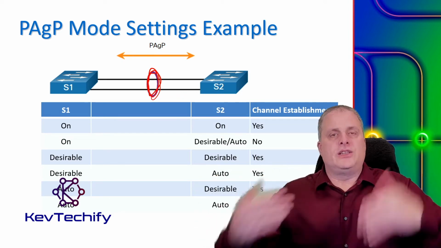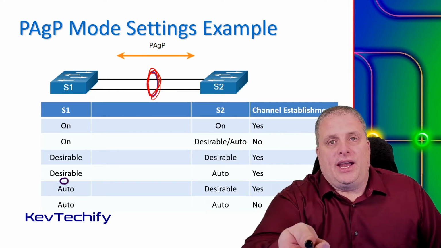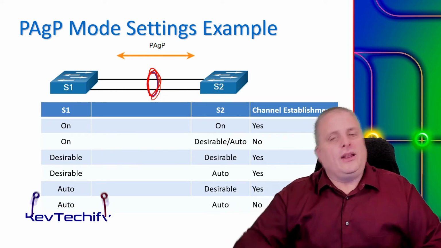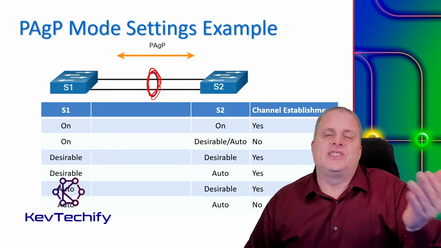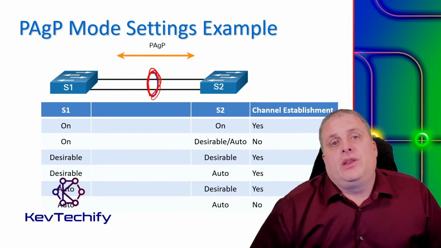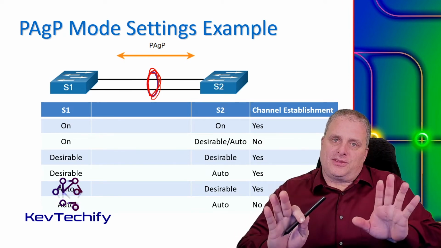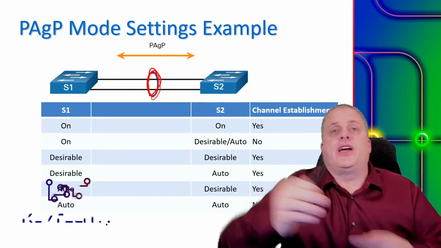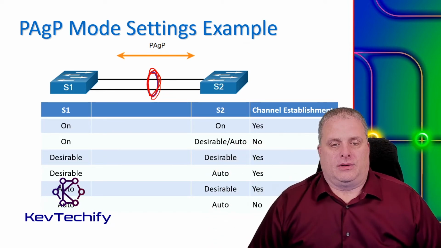If they're both set to desirable, each is saying, hey, I want to make a connection with you, and if both sides are like that, it's going to establish that connection. If one side is desirable and the other is auto, one side says, hey, I want to make the connection with you, and the other side says, I'll make the connection if somebody initiates it. The other side is initiating it, so desirable and auto will make it.